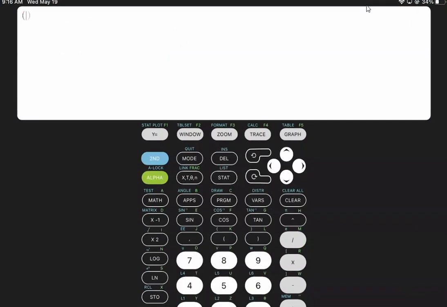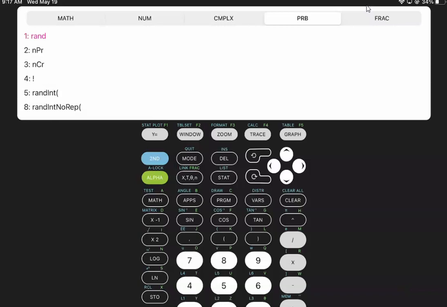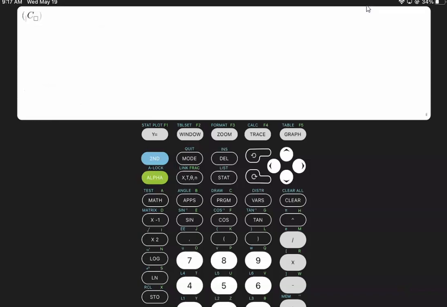So you should put parentheses. If you have an older calculator, you should type in the 2 right now. If you have a newer calculator that does the subscript, you can go to math, over to probability, choice 3, and we need 2 choose 1, and then scroll over to get out of the subscript.